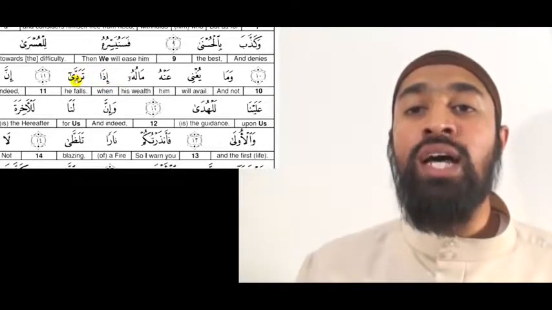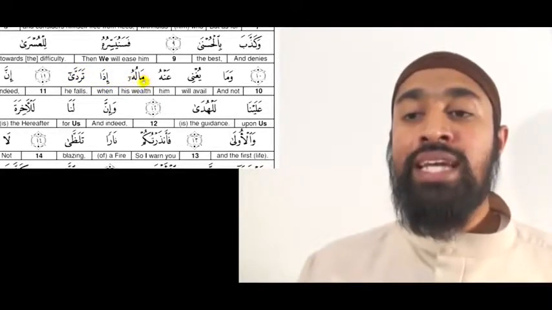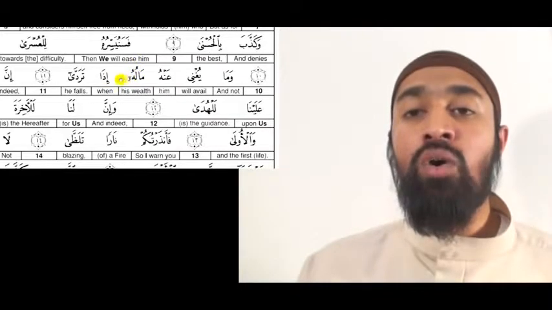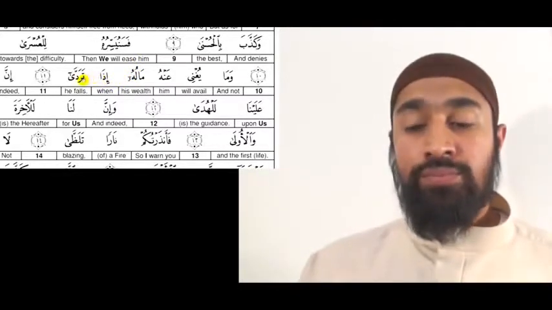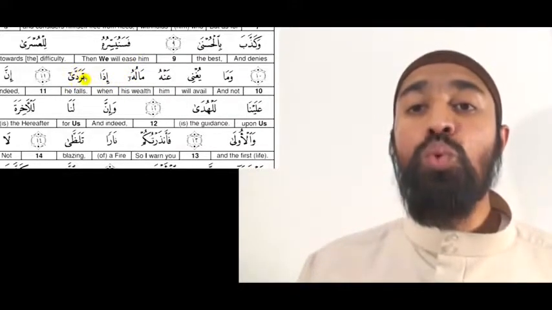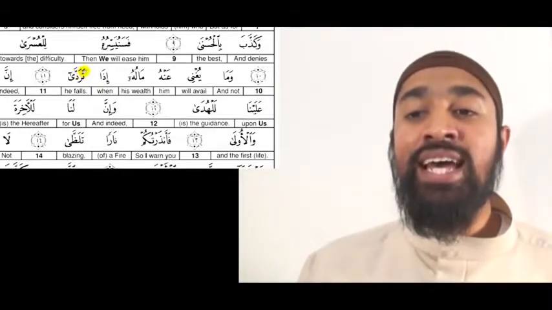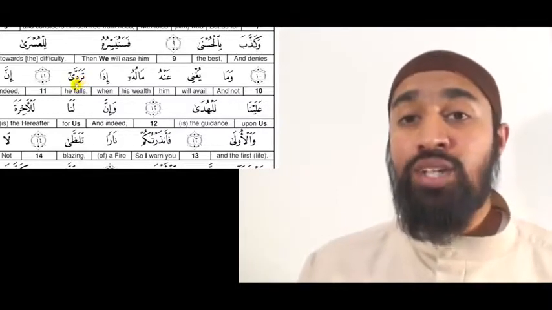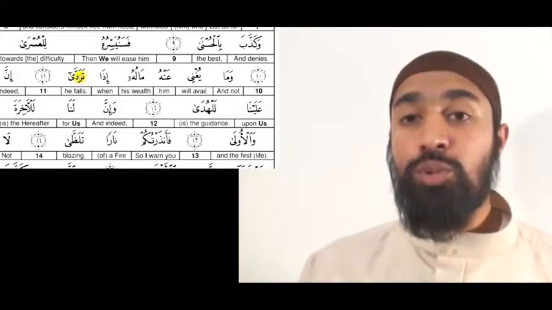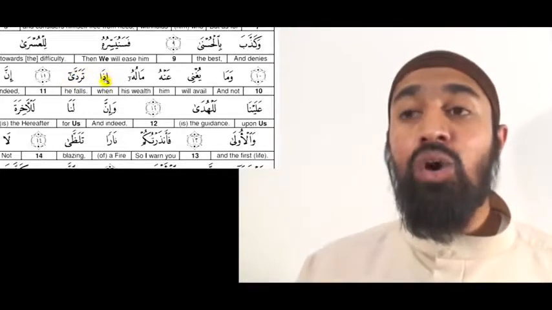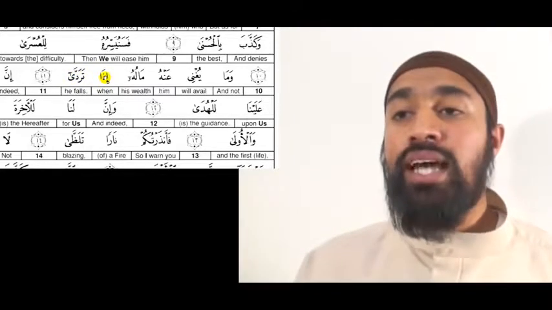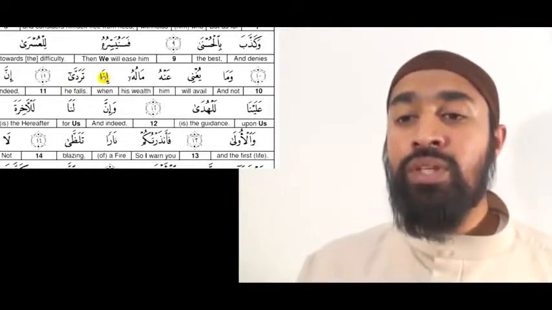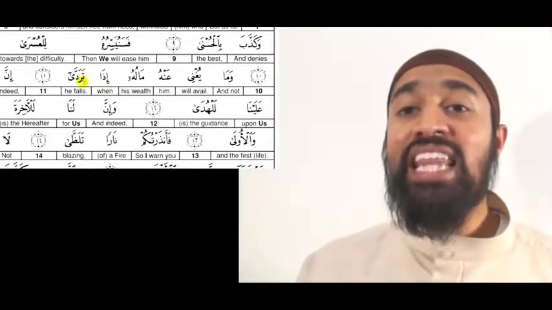إِذَا تَرَدَّى. Ta, ra is heavy because it has something on top. Dal shadda, connect and hold to a light letter. تَرَدَّى. إِذَا إِذ.